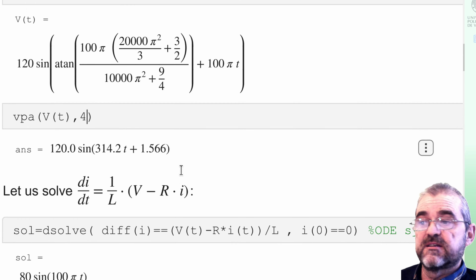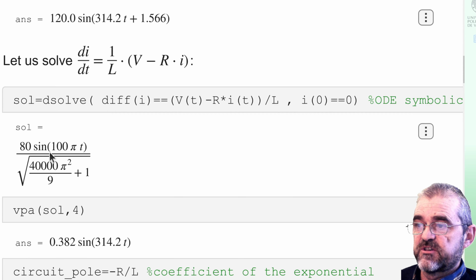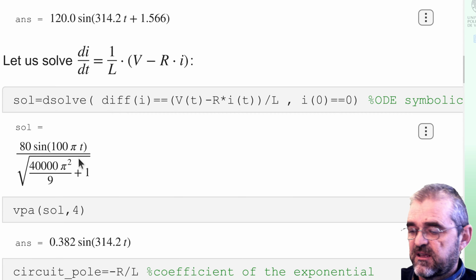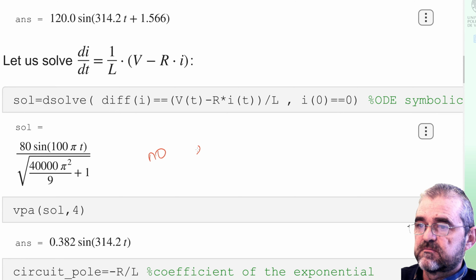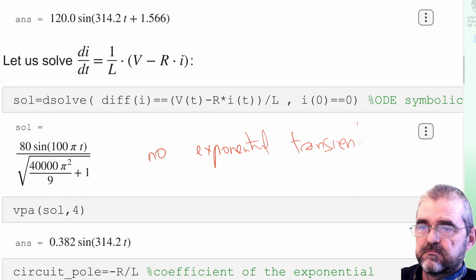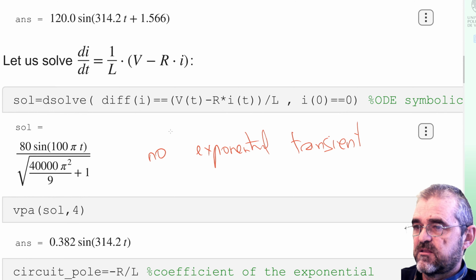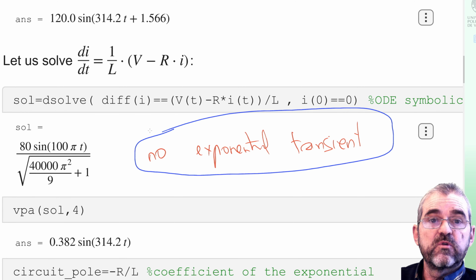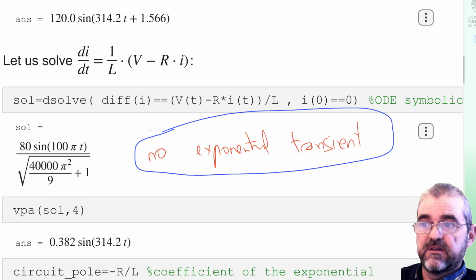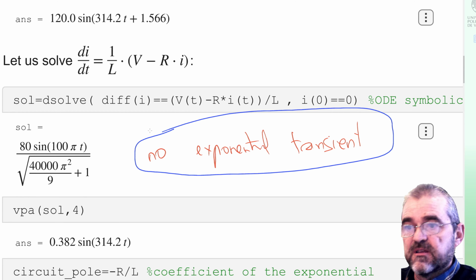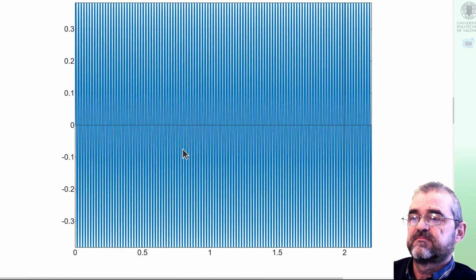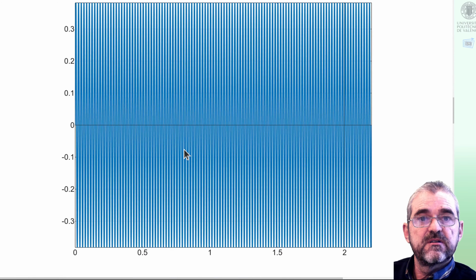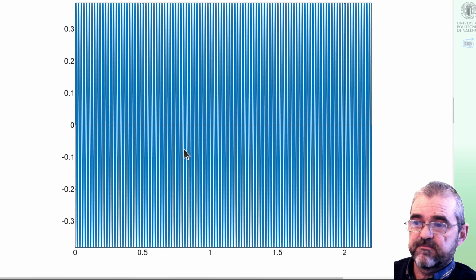Well, then in that case, if I solve the differential equation, a miracle happens and I have no exponential transient, and voila, we are spot on in the sinusoidal steady state with no inrush current, because indeed, if we plot that, here we have a steady state sinusoid forever.